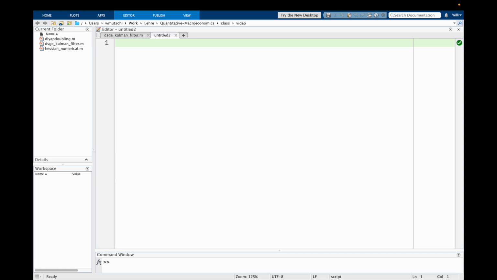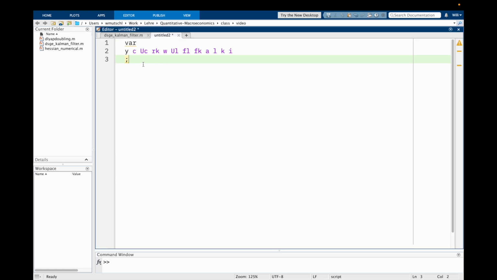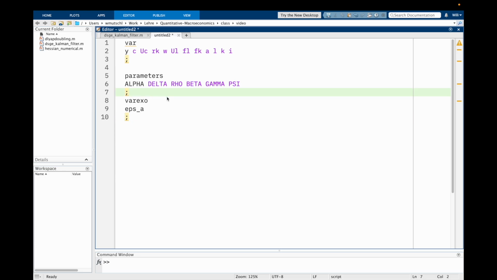So let's use a basic RBC model. Let me have a couple of variables for a basic RBC model. I'm going to write a Dynare file just to pre-process the model and to solve the model. But I'm going to compute the likelihood, not with Dynare, but manually with my function. So let's declare a couple of parameters and one shock, standard RBC model.